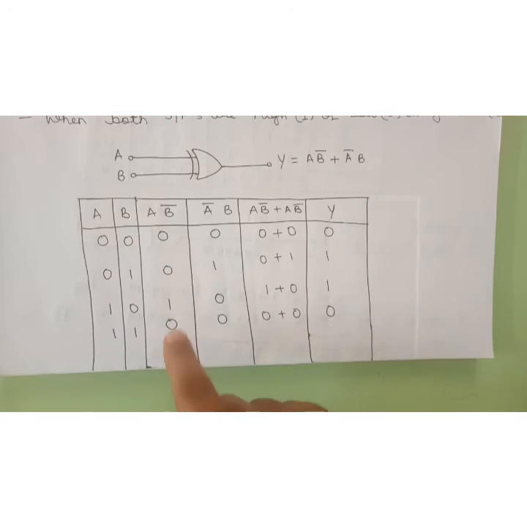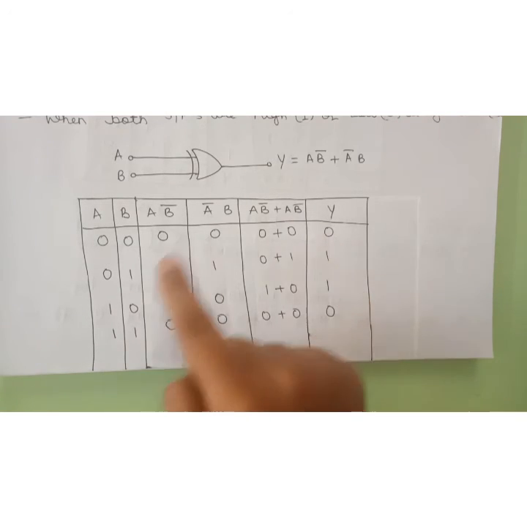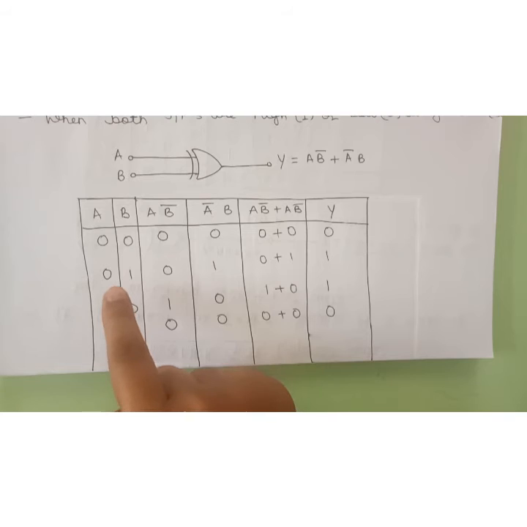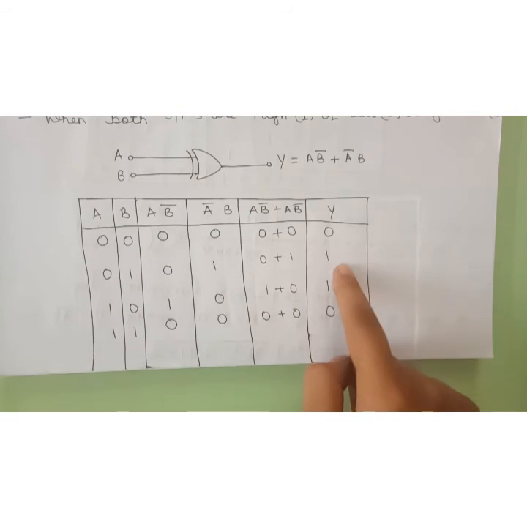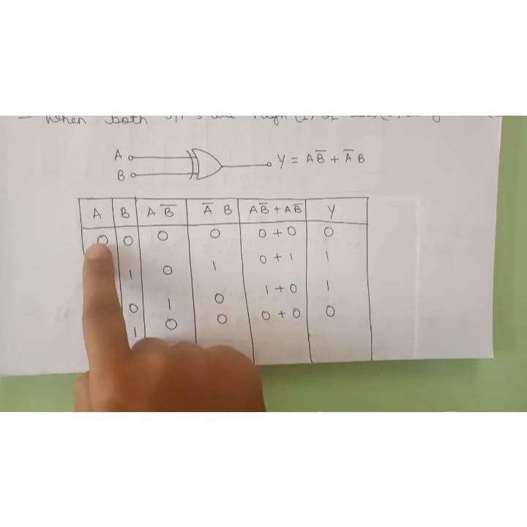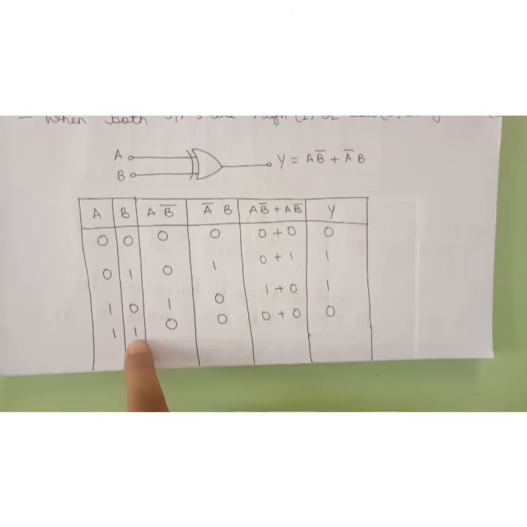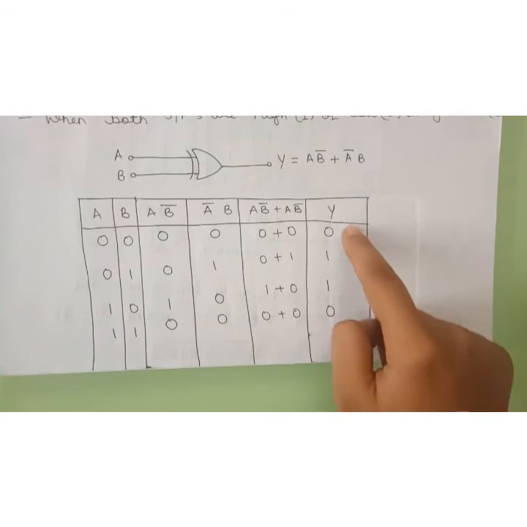So A B bar will be 0, A bar B will be 0 and the output will be 0 + 0, which is 0. You have to understand here that it is an exclusive OR gate. So either of the inputs must be 1 to get the output as 1. If both inputs are low or both inputs are high, then our output will be 0.